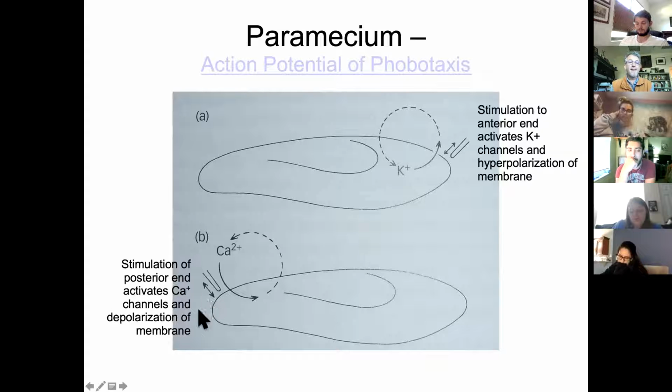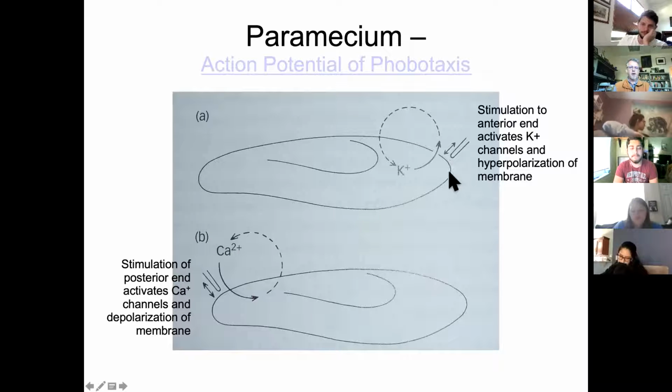When the protist is hit in the posterior end, you get a depolarization of the membrane. Calcium rushes in, so the interior, this area of the membrane, is more positively charged, and that gets the paramecium to move forward. If you think about existence from the perspective of a paramecium, that's really useful information, because a lot of the things you come into contact with, which are bigger than you, are dangerous.